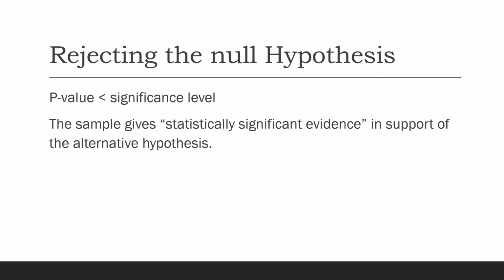So rejecting the null hypothesis is something we do when the p-value is less than the significance level. When we reject the null hypothesis, it means that the sample gives statistically significant evidence in support of the alternative hypothesis.